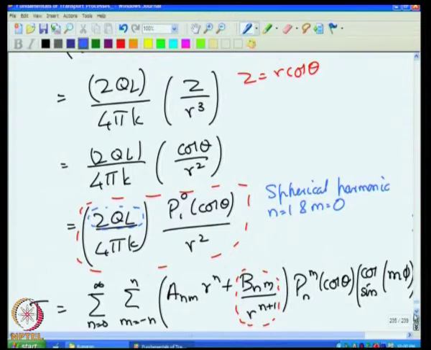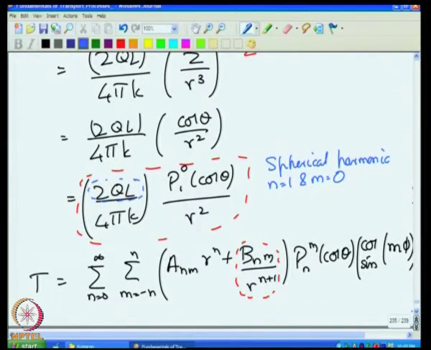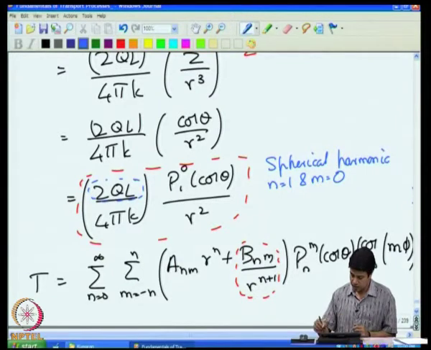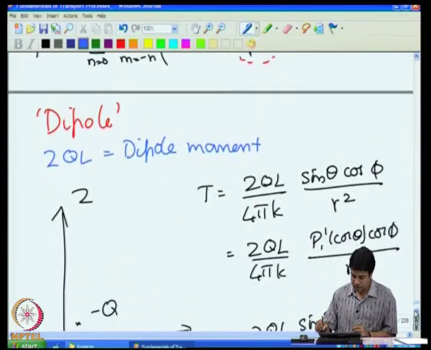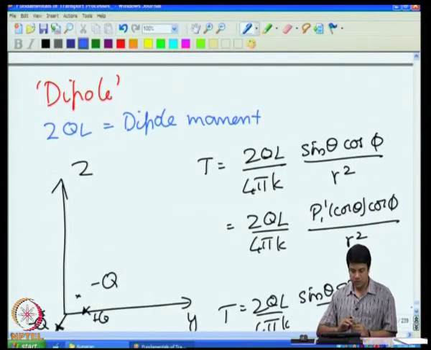So, that was for a source and a sink separated by distance L along the z axis. If they are separated along the x axis, I get n is equal to 1, m is equal to +1, and if they are separated along the y axis, I get n is equal to 1 and m is equal to -1. So, this is what is called a dipole, and 2q times L is the dipole moment.